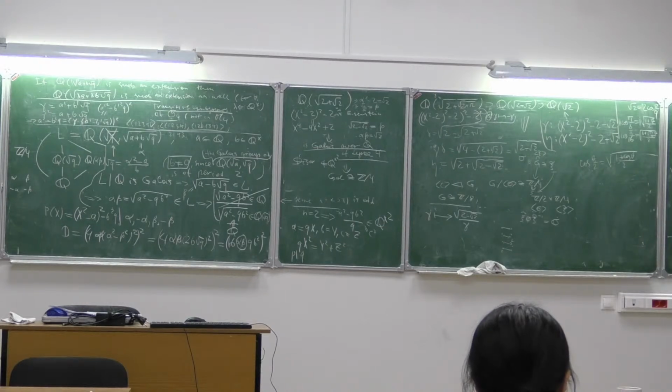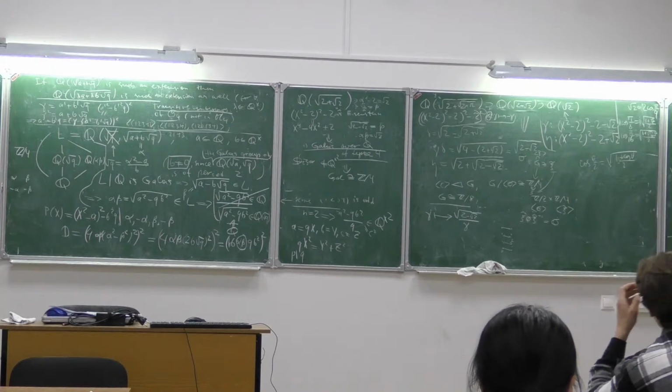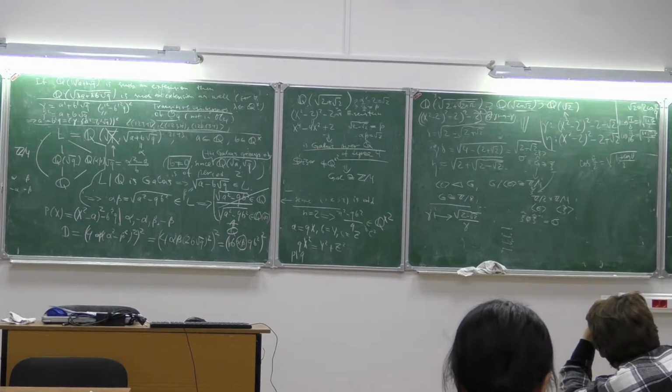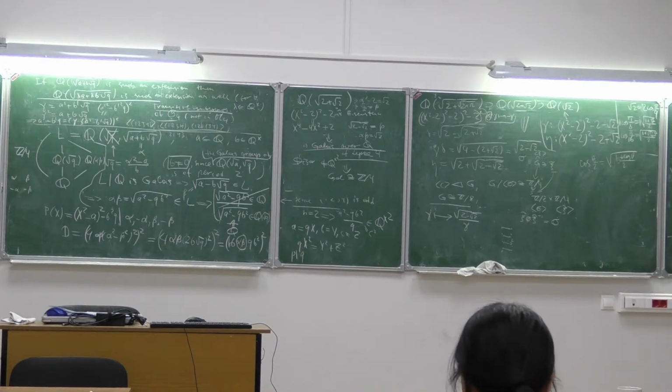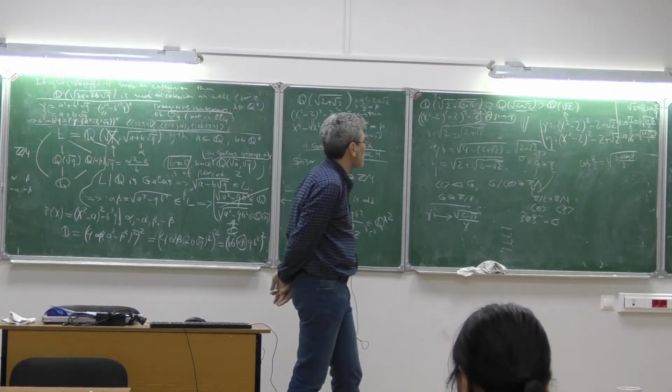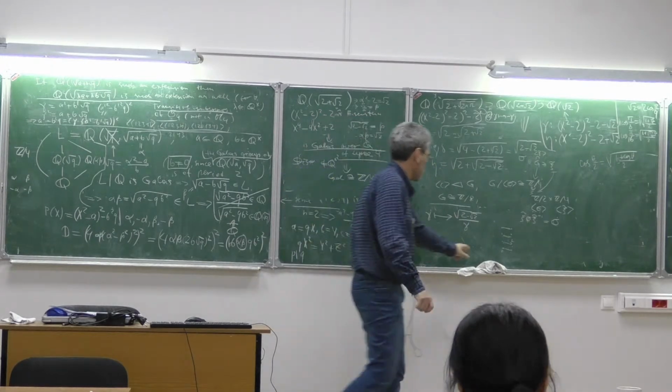No, yeah, you see that this way we don't get the same kind of numbers. Yeah, so the conclusion is that it is unlikely that this is a Galois extension because, okay, well, let's see.